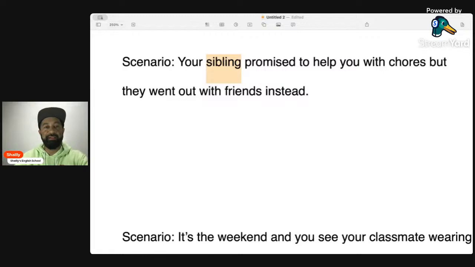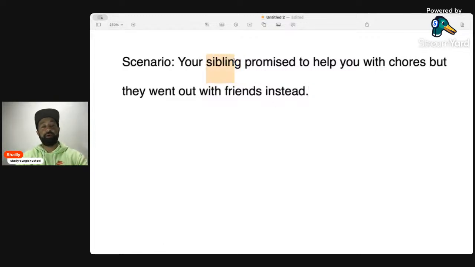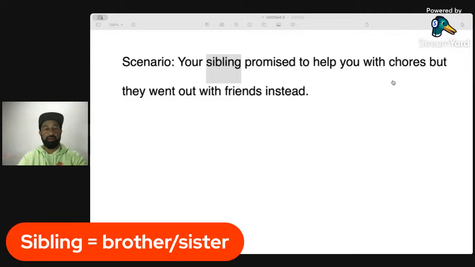So in this sentence, first, let's go over sibling. If you're not sure what sibling means, a sibling is going to be your brother or sister. So sibling means brother or sister.